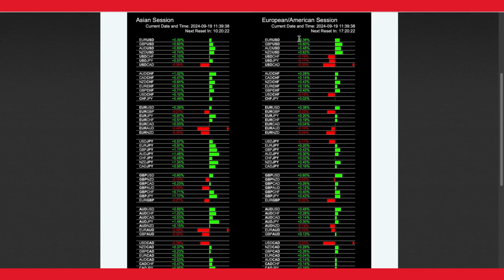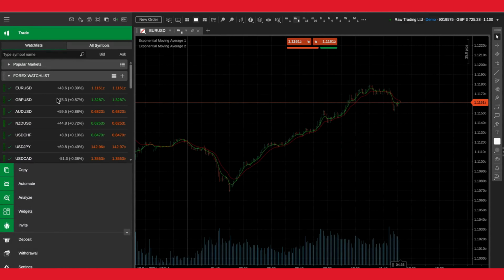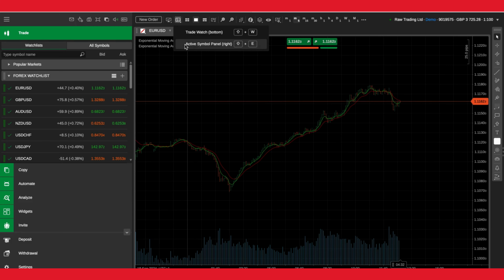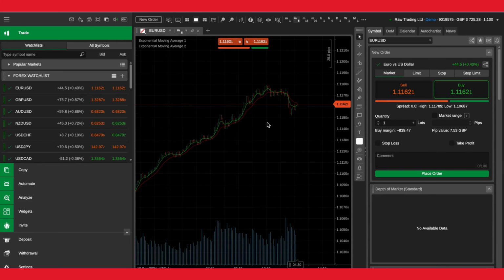So that's the price change. Now, let's say it had been a price change of 1%. Let's say it's gone up during the course of the day, up to 1%. I'm actually going to bring up the quotation board as well.